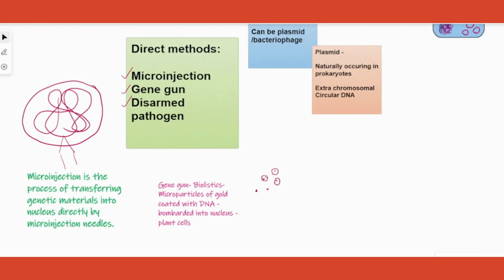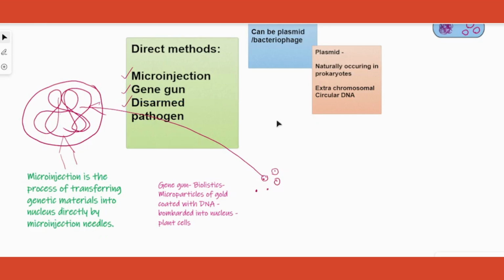These microparticles, which are already coated with the gene of interest, at very high speed, are going and bombarding the genetic material of the plant cell. In that case, this DNA would get integrated.